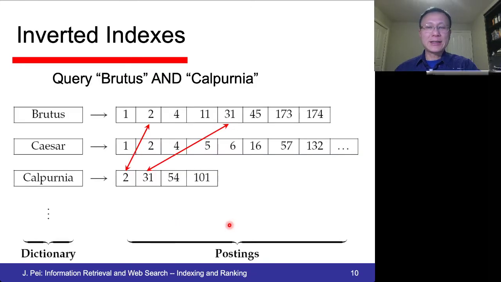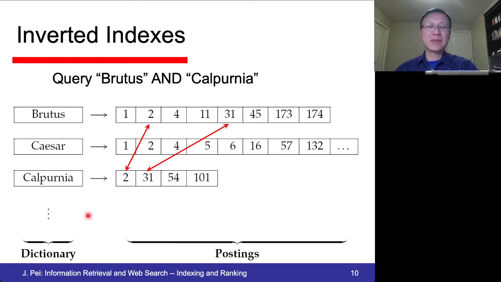So now let's formally introduce the idea of inverted indexes. An inverted index is essentially a term and the corresponding list of documents containing the term. We call the set of terms the dictionary.